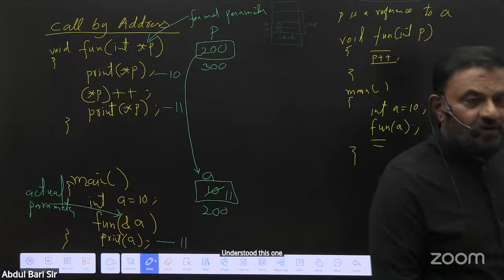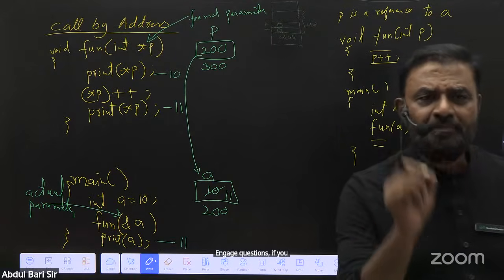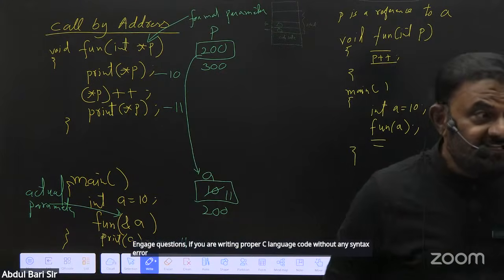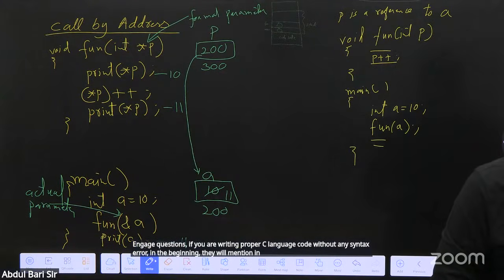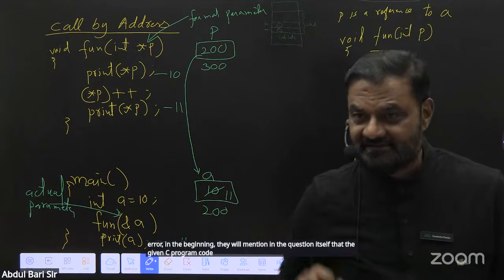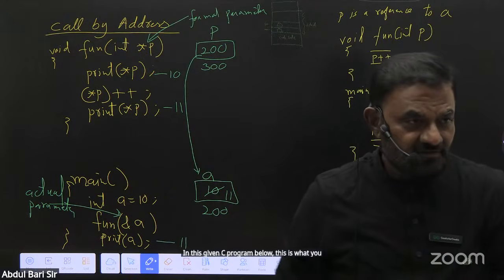All right. Now, one more thing I will tell you. In GATE questions, if you are writing proper C language code without any syntax error, in the beginning they will mention in the question itself that in the given C program, this is what you have to find out, or what is the output.